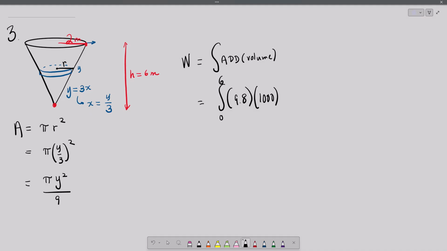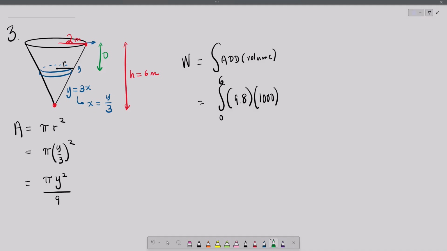So acceleration, density, depth, or usually we think distance in this case because that slice of water is being pumped out the top. We're thinking about how far it travels, but that's equivalent to how deep it is. So what is that distance? 6 minus y, because y is below 6.